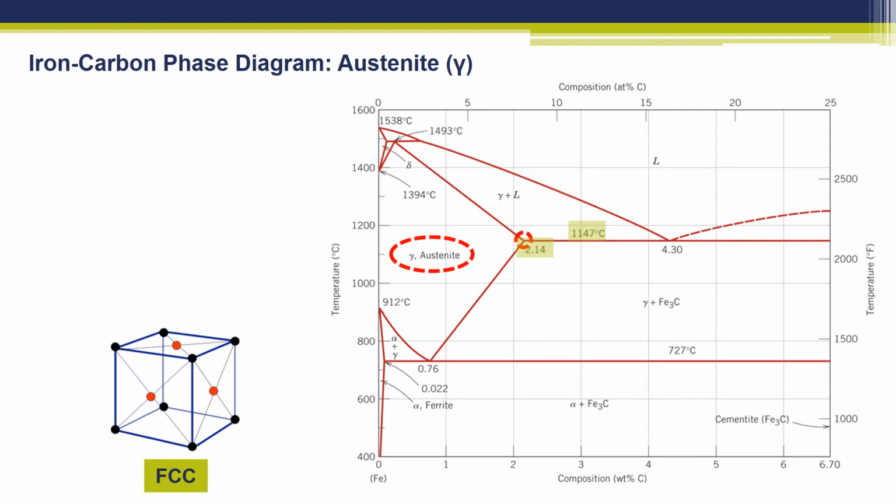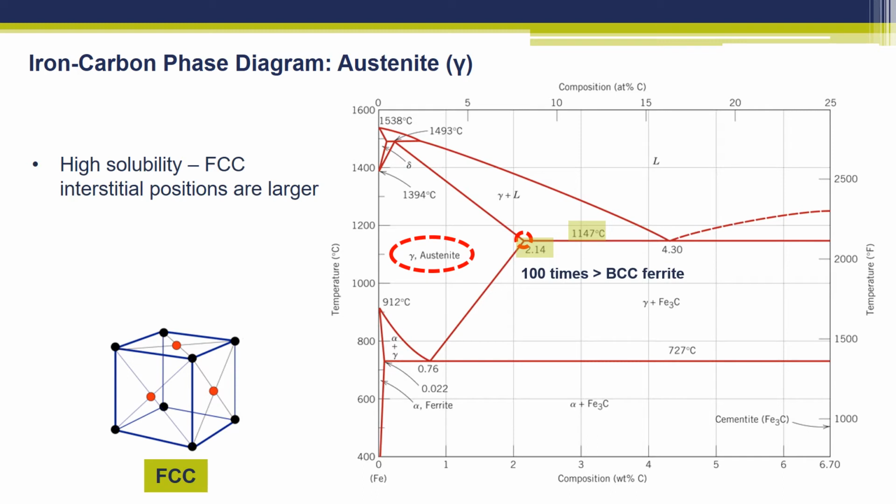This solubility is approximately 100 times greater than the maximum for BCC ferrite, because the FCC interstitial positions are larger, and therefore the strains imposed on the surrounding iron atoms are much lower. The phase transformations involving austenite are very important in the heat treatment of steels. In passing, it should be mentioned that austenite is non-magnetic.